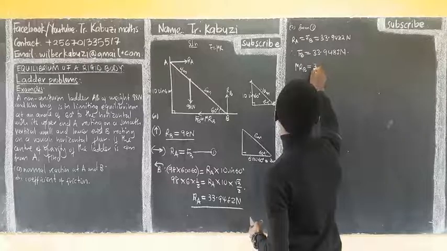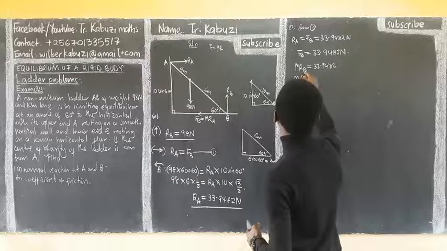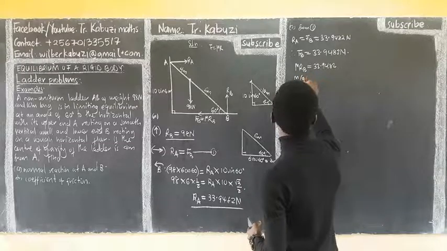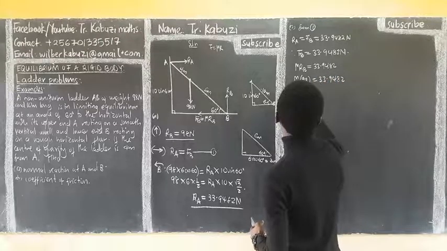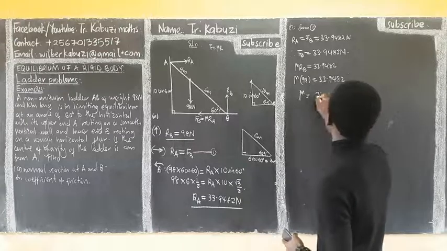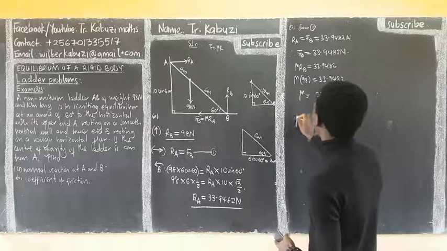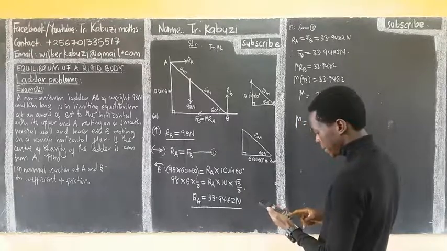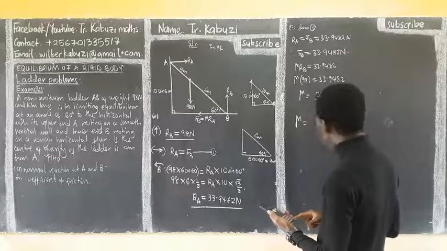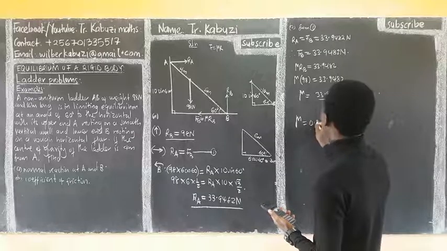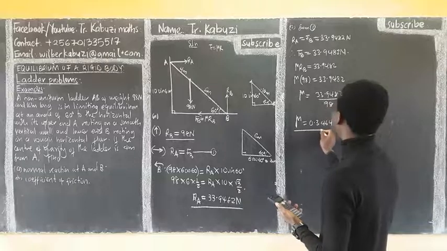So 33.9482 equals mu times RB. Our RB is 98. So our mu is 33.9482 over 98. Our mu from here is 0.3464. It has no units, and that would be our answer.